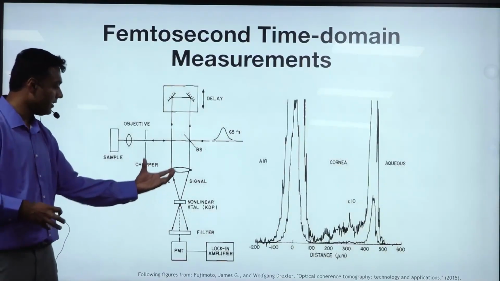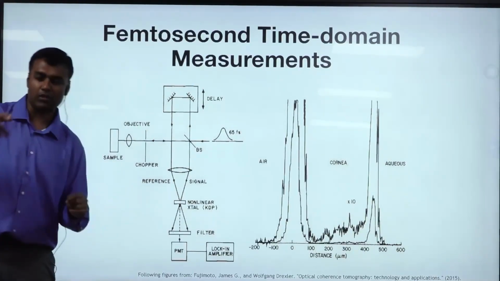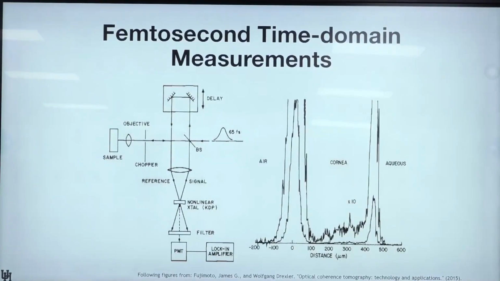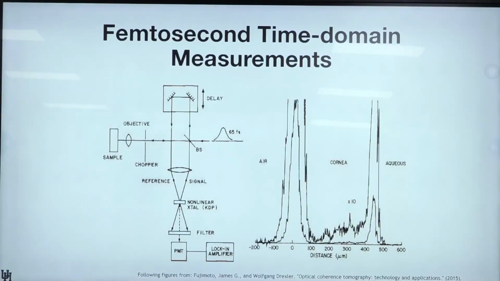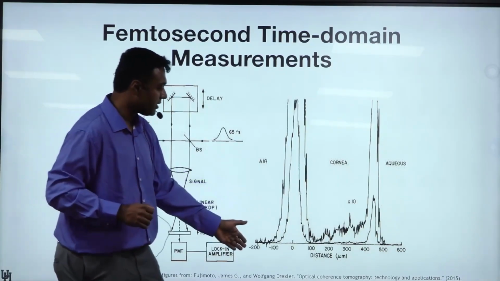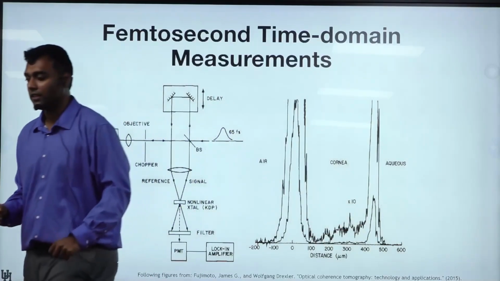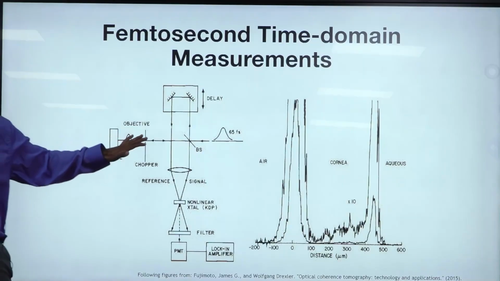If the lengths match exactly, then you get a nonlinear process, and you get new frequencies being created. You measure that light, and you can figure out that whenever this matches this, you will get a signal. That way they measured distances inside the eye and so on. This is the old generation, the first attempt to do OCT.